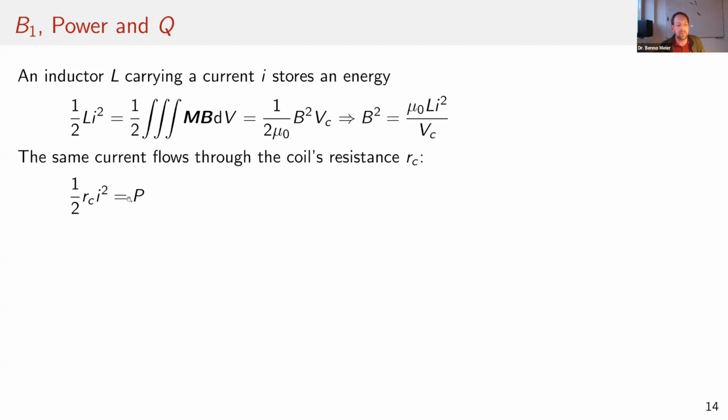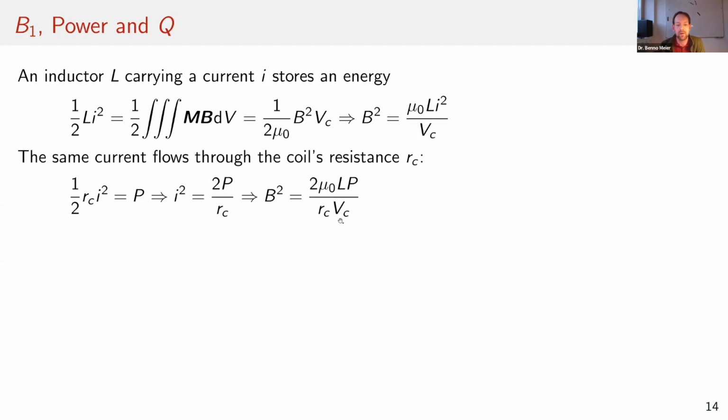So if I know the power, then I know that 1/2 times the coil's resistance times I squared, that is my power. Okay, so I can also rearrange this, solve for the current, and now I can insert what I calculated here for the current into my expression for the magnetic field.